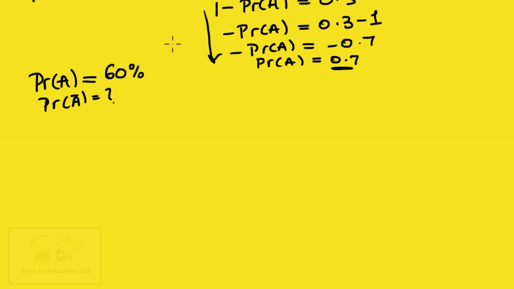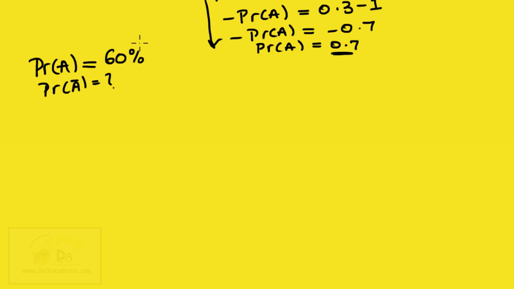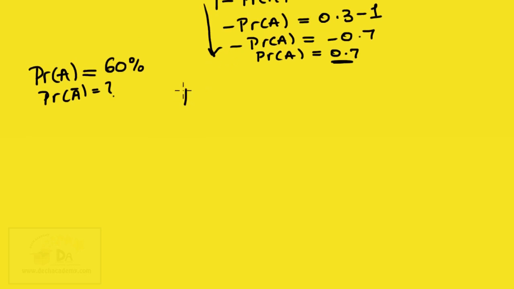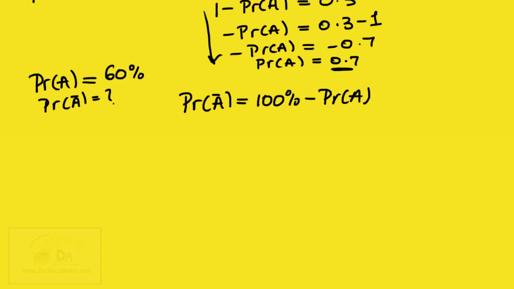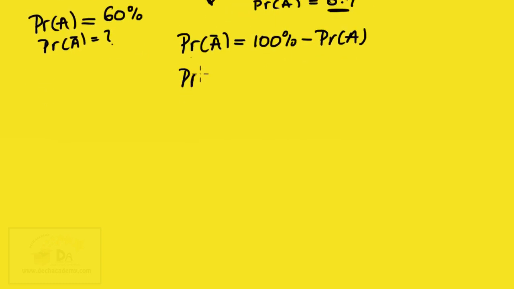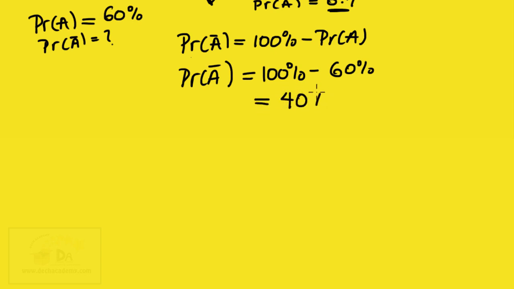Well, all we have to do is use equation 2, which says that the probability of an event not occurring is equal to 100% minus the probability of that event occurring. I use equation 2 because it applies when you're using the percentage scale, which is what we're using here, because the probability of event A is given as 60%. So the probability of event A not occurring is equal to 100% minus 60%, and this gives 40%. So it's that simple.